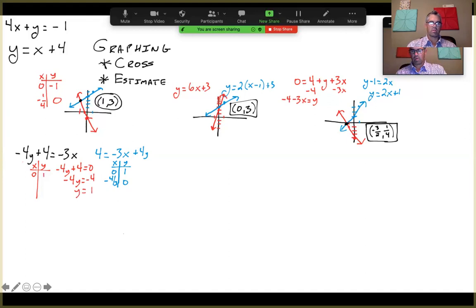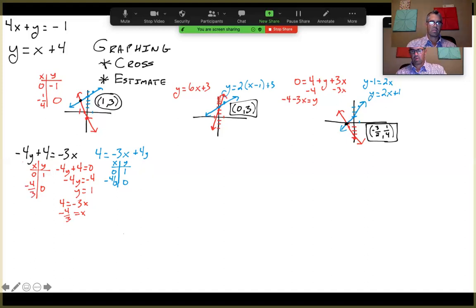So these equations have the same y-intercept. If I set y to be 0, I will get 4 equals negative 3x. So x equals negative 4/3, which means that these two lines have the exact same x and y intercepts.